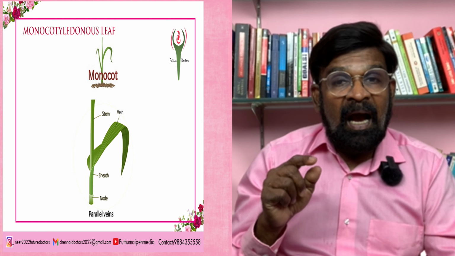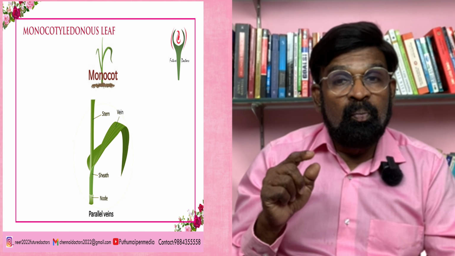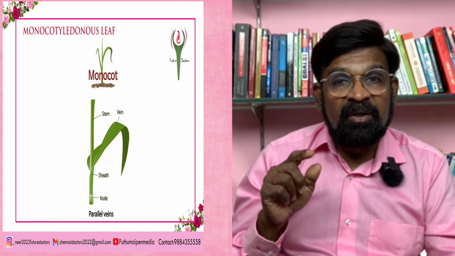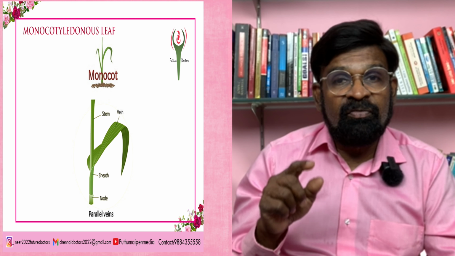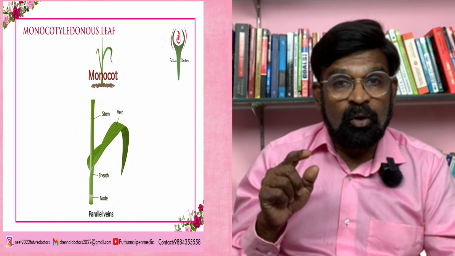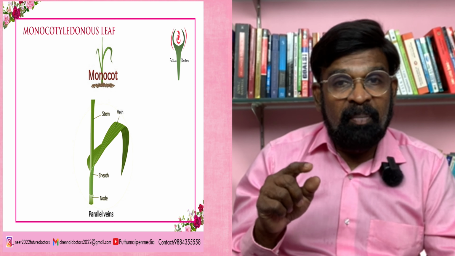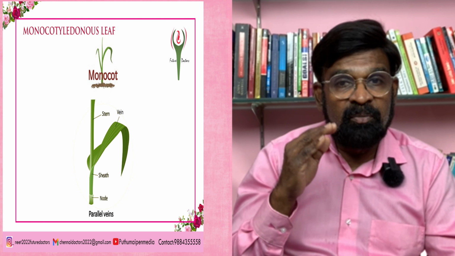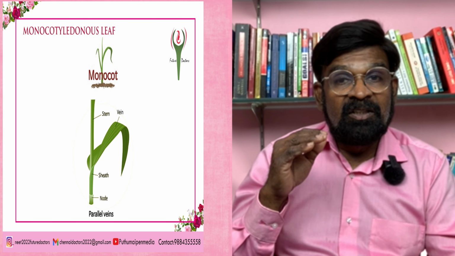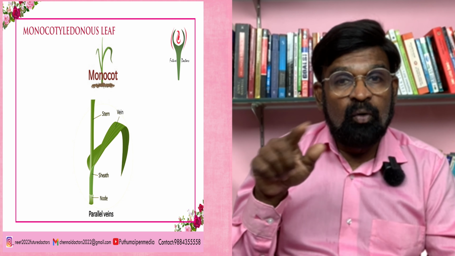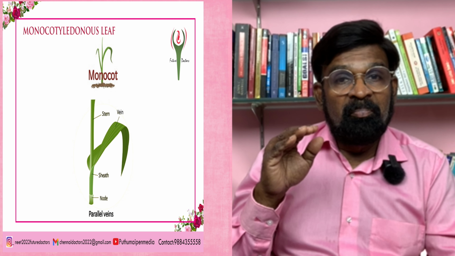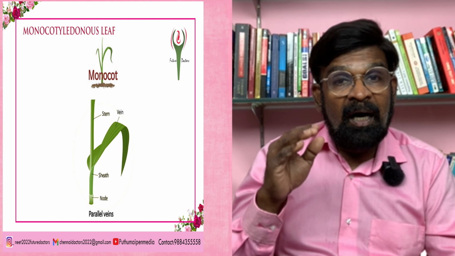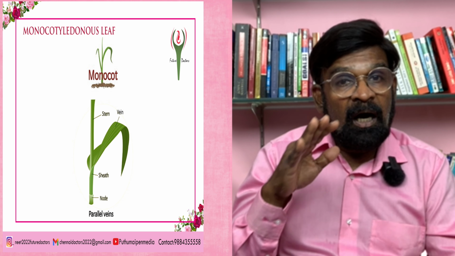Features for identification of monocot leaves: undifferentiated mesophyll, presence of bundle sheath with chloroplasts, vascular bundle with xylem towards the upper side and phloem towards the lower side. Xylem vessels are rounded. Presence of a few large-sized bulliform cells on the upper surface.